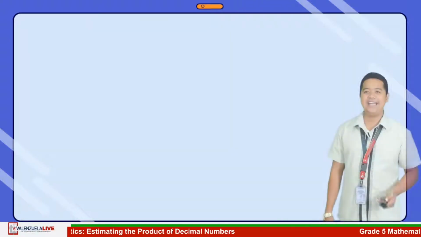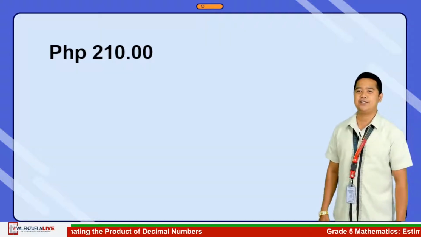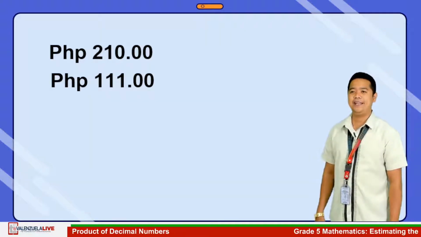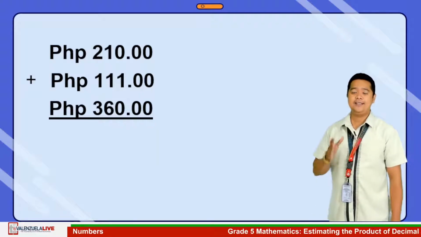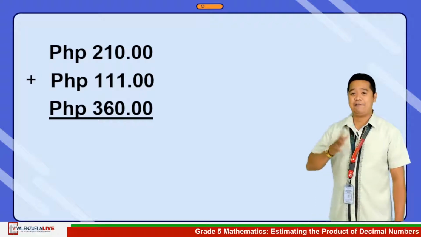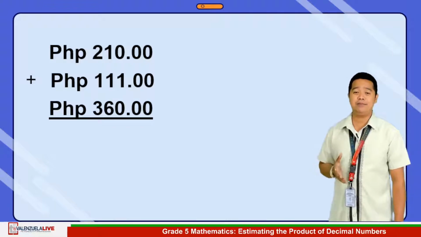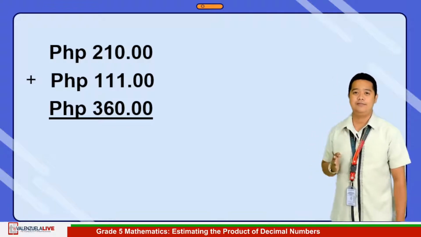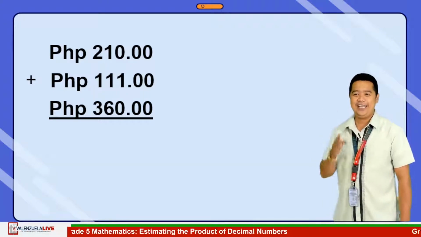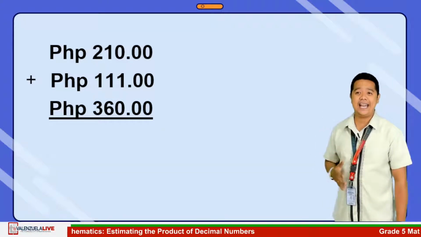Then let us add 210 pesos, 111, and 360 pesos. Again, let us refresh. In adding decimal numbers, we need to align the decimal point, right? So, in this example, it's already aligned.